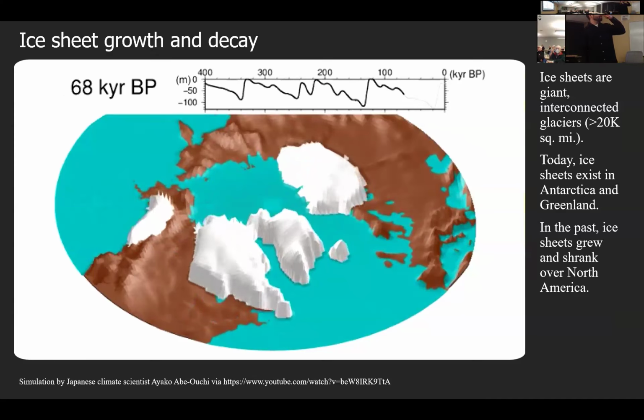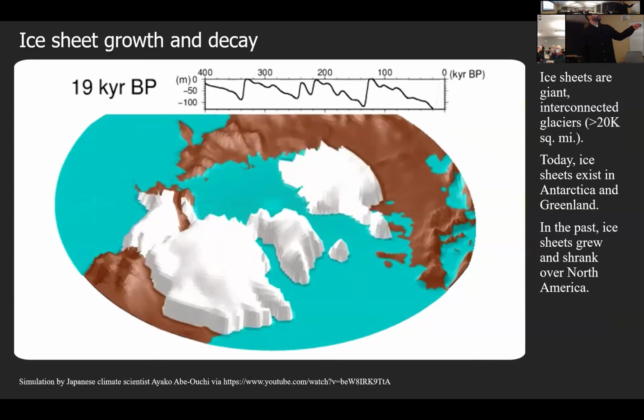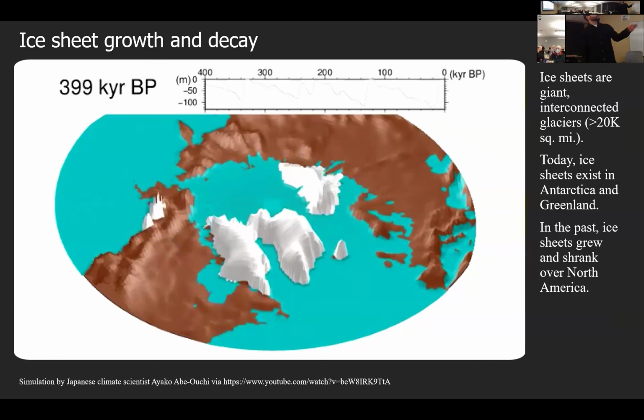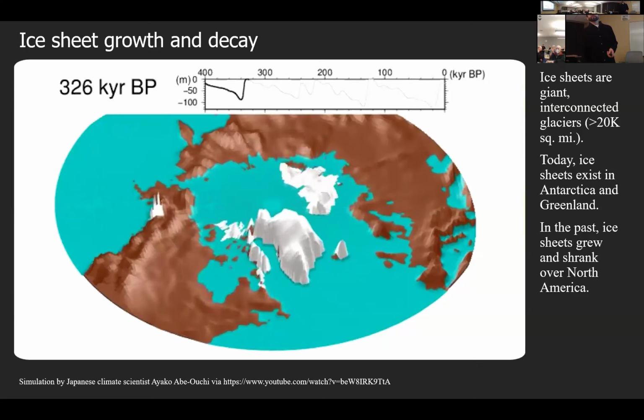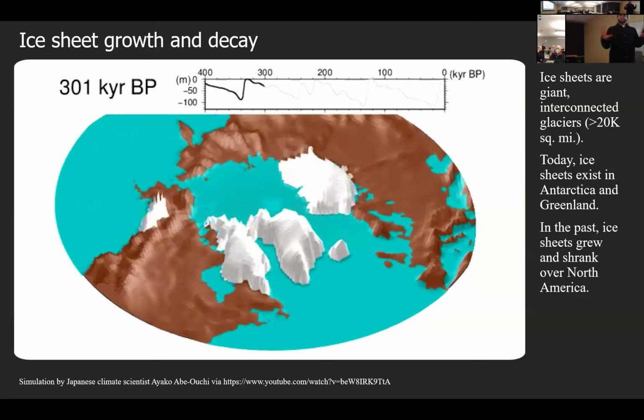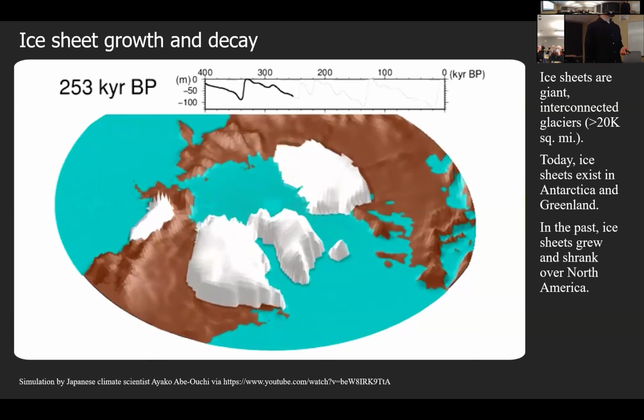So I'll let this play a few times just to walk you through what you're seeing. This is a simulation of the last 400,000 years. KYR means 1,000 years. It's a simulation. It's not what actually happened. It's something like this happened, though.